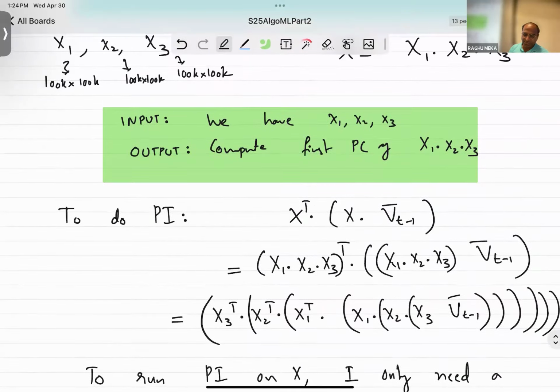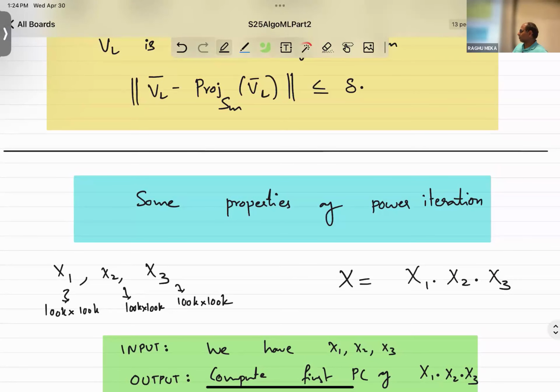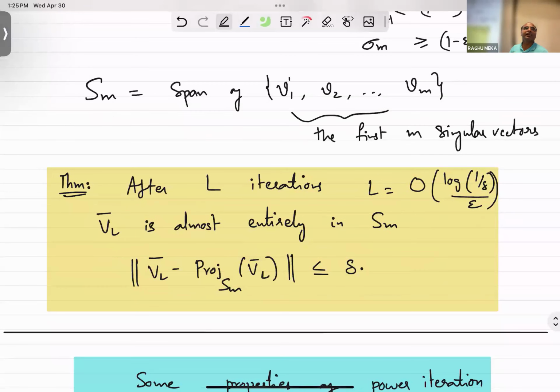The same thing that happened for gradient descent can also happen. You think of power iteration as a version which is like plain gradient descent. And so the convergence rate is like 1 over epsilon. To get epsilon close, the number of steps is like 1 over epsilon.